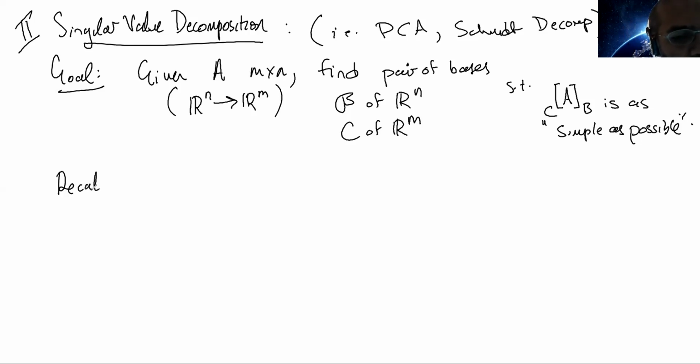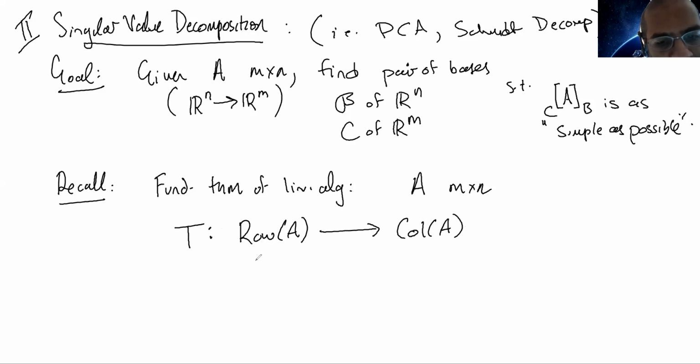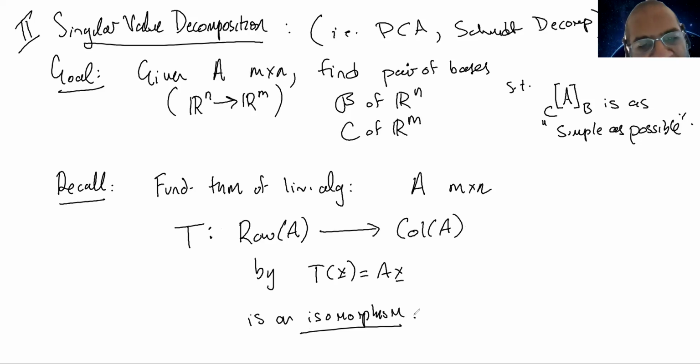So recall the fundamental theorem of linear algebra, which says that if you have any m by n matrix, then the row space of A is isomorphic to the column space of A, and the isomorphism is just multiplication by A. So in particular, this implies they have the same dimension, the rank of A is equal to the rank of A transpose, and all these other amazing things.